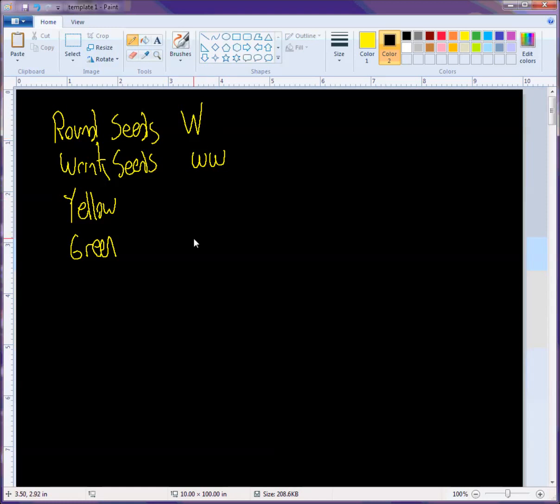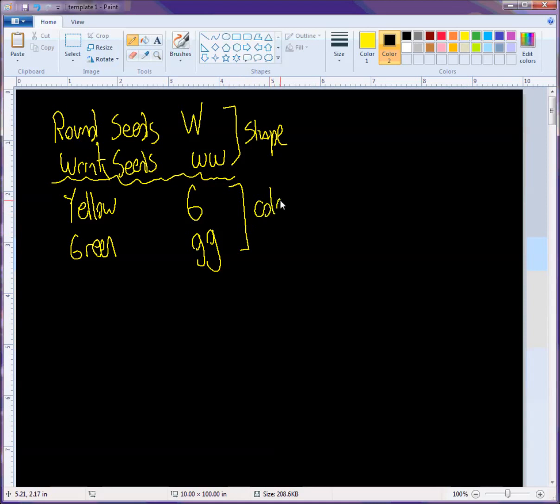And to be green, you need to have two little G alleles, and to be yellow, you need to have a big G allele. And these are traits that are determined by two different genes. This is the gene for shape, and this is the gene for color. And we're looking at two different alleles for each gene.